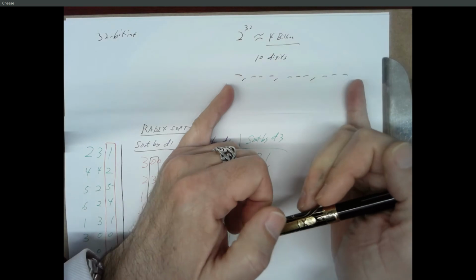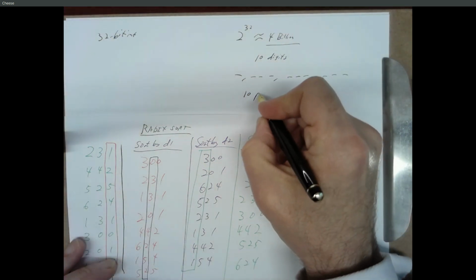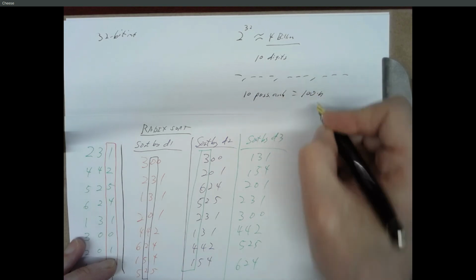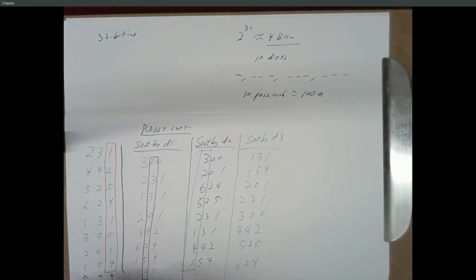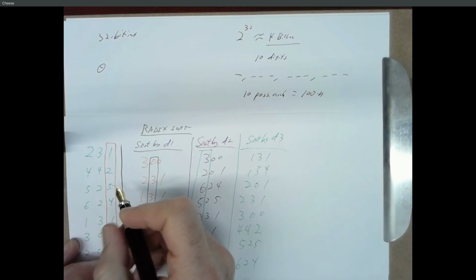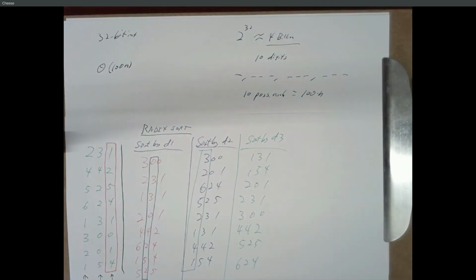So we have roughly 10 digits to consider, and for each digit we have to find the 0s, 1s, 2s, 3s, and so on up through the 9s. So 10 possibilities each. So it's roughly 100 times however many integers we're trying to sort. So radix sort on plain old 32-bit integers is roughly order of 100 times n.